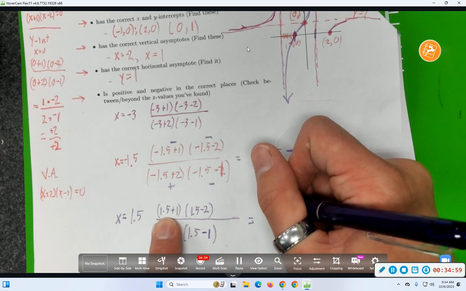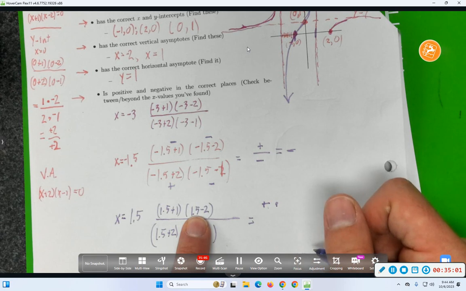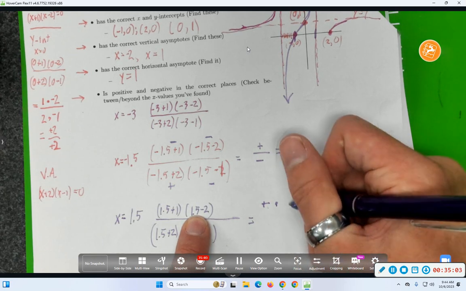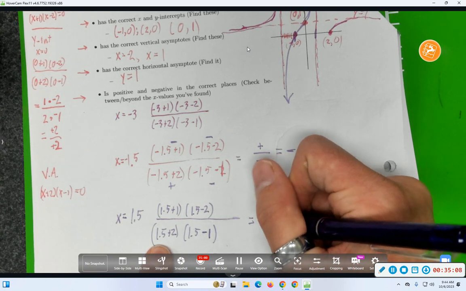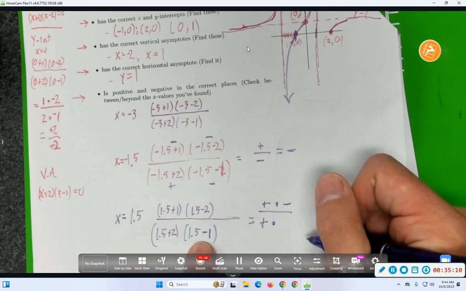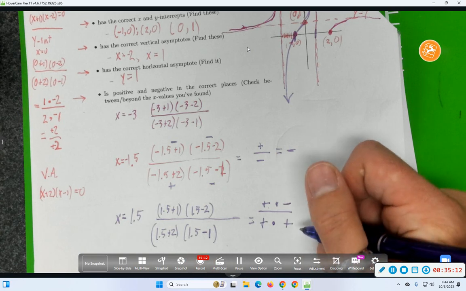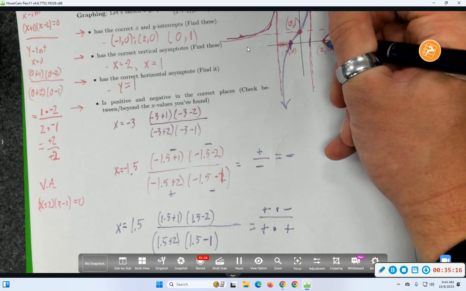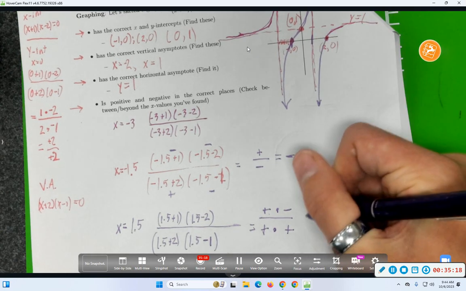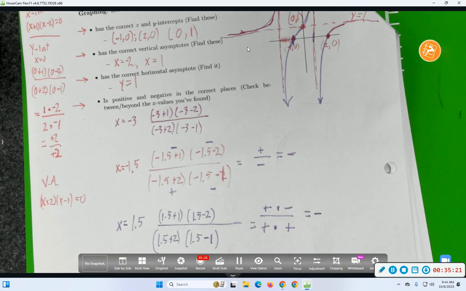Positive times negative, all over positive times positive. So the whole thing will be negative. Cool.